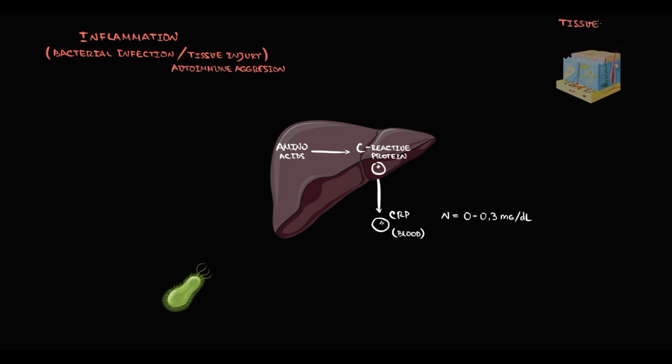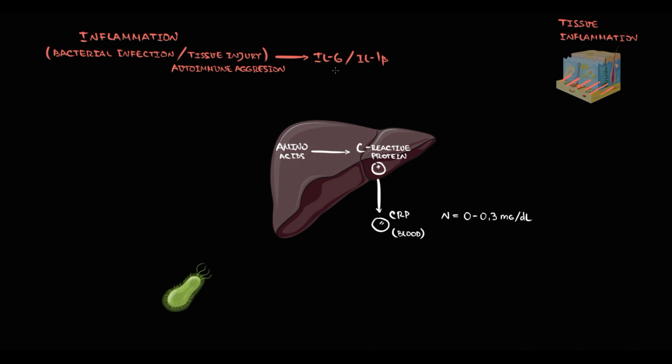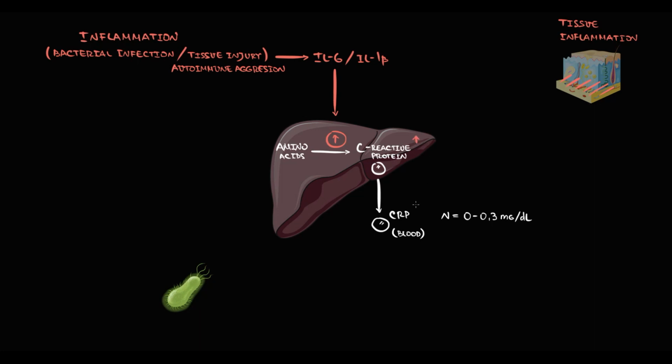Inflammation induces the release of interleukin-6 and interleukin-1 beta, which are pro-inflammatory cytokines. And pro-inflammatory cytokines stimulate the production of C-reactive protein, which is actually a defensive mechanism. With increase in production of C-reactive protein, the concentration of C-reactive protein in the blood increases.